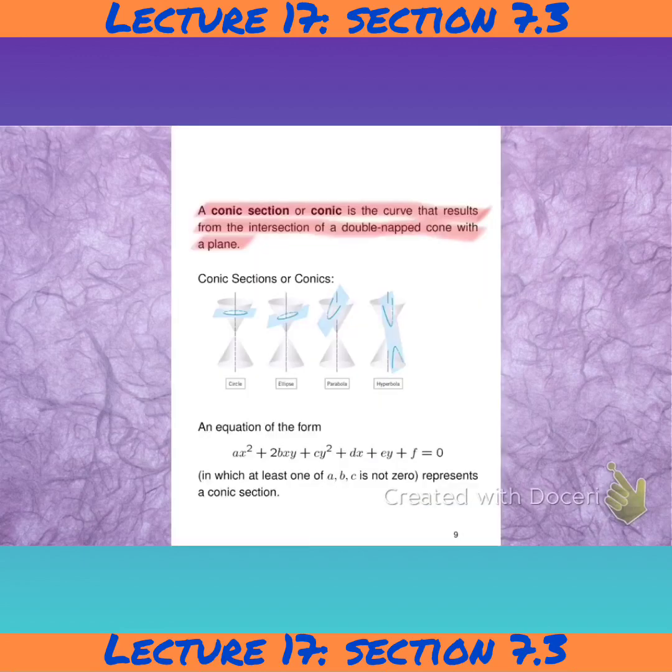Right, now a conic section normally has an equation of that form, and that is basically a quadratic form. So our diagonalization principles can come in quite handy here. And that represents a conic section.